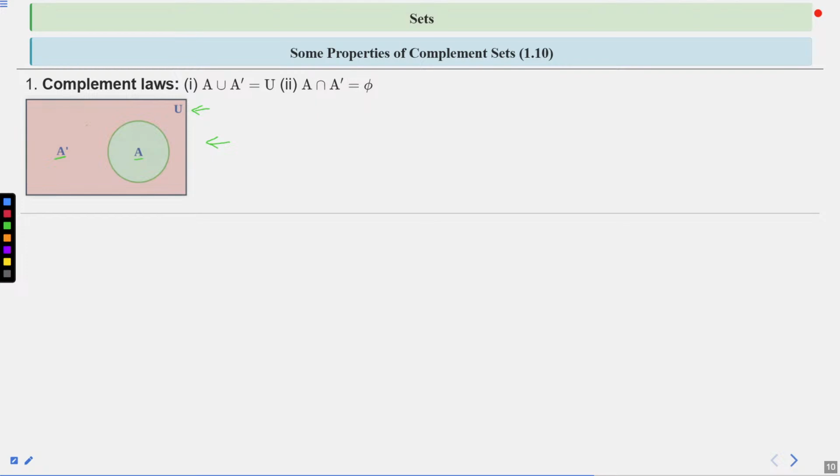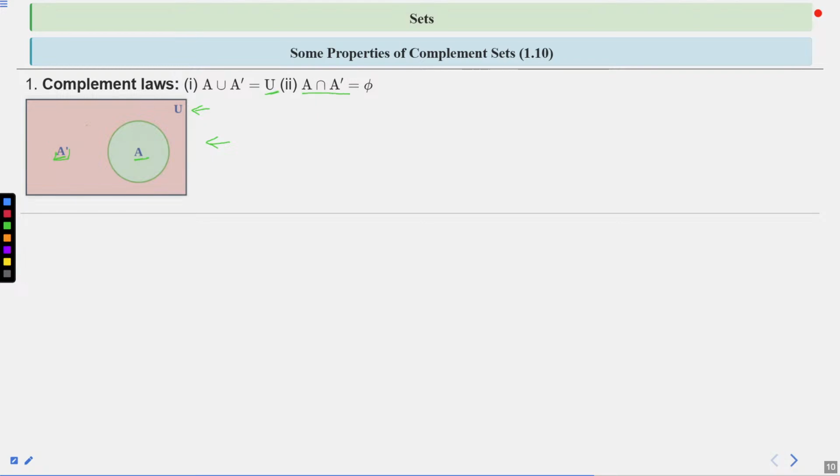Clear? Now as you can see, if you union both the sets, A complement as well as A, meaning if you shade the green as well as the pink part using some red color, you will observe that the complete rectangle will be shaded. So the complete rectangle represents your universal set. Clear?